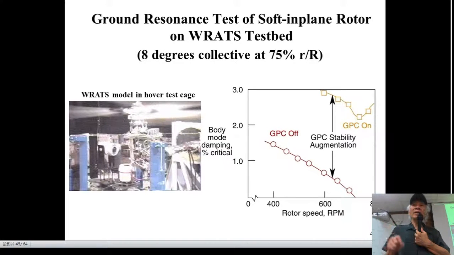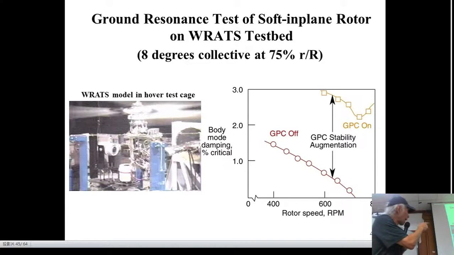One of your eigenvalues, the damping ratio, goes down from like 1.5% to 0 at 750. After 750, then below 0. That means unstable.